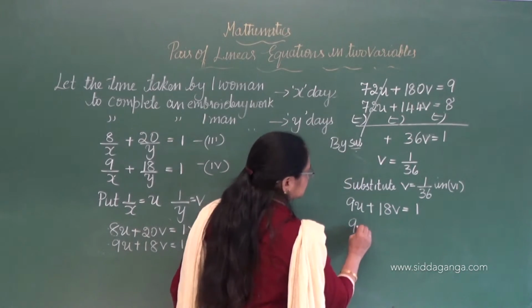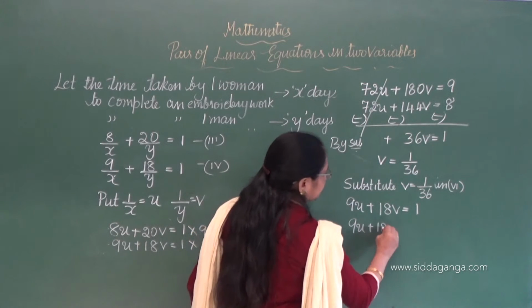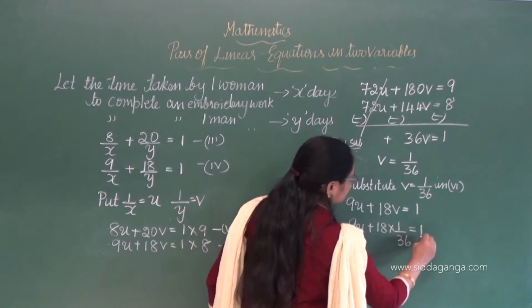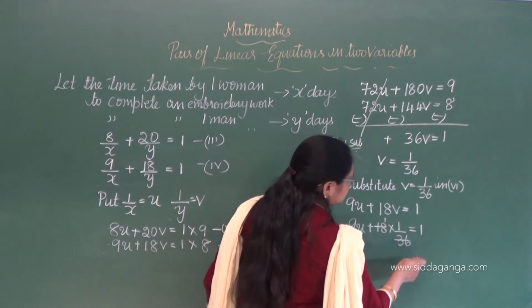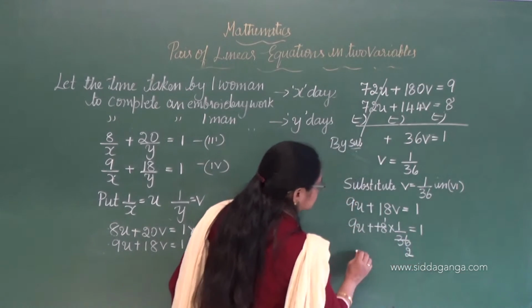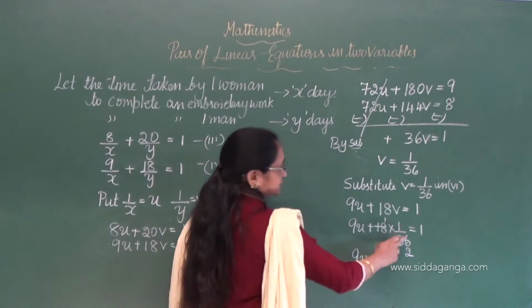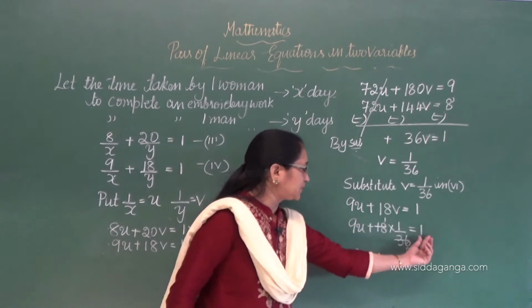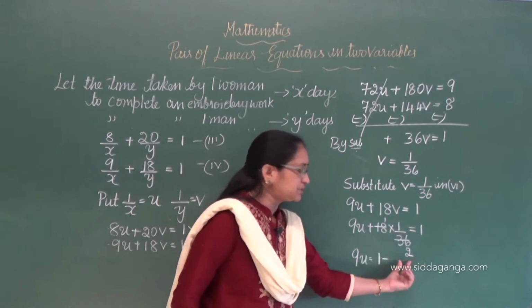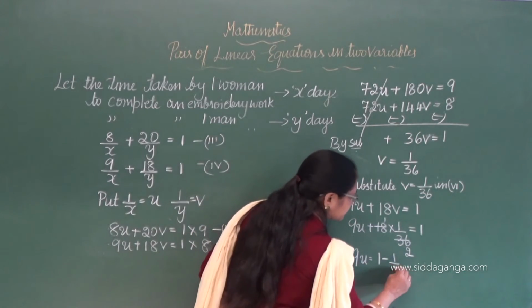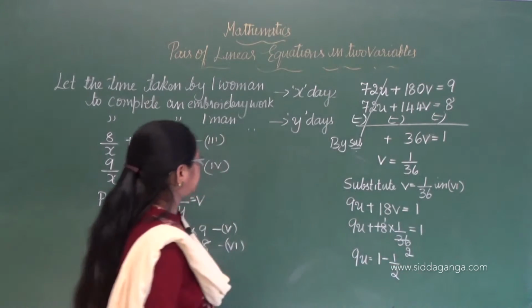Now 9u plus 18 into 1 by 36 is equal to 1. So 18 ones are 18, 18 twos are 36, so that is 1 by 2. When you transpose, it will become 1 minus half.